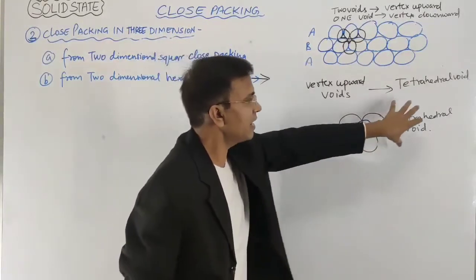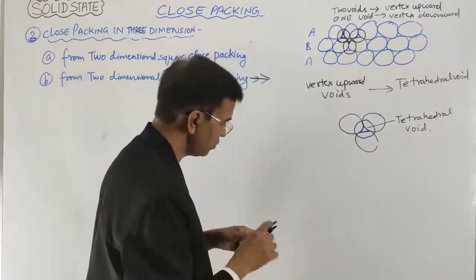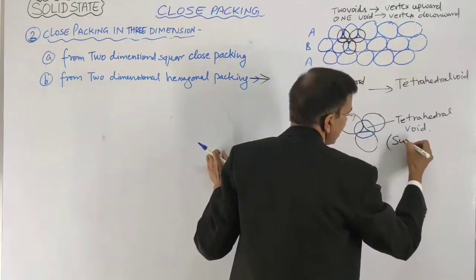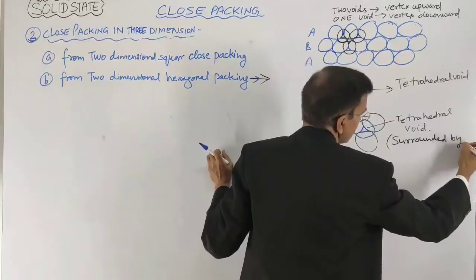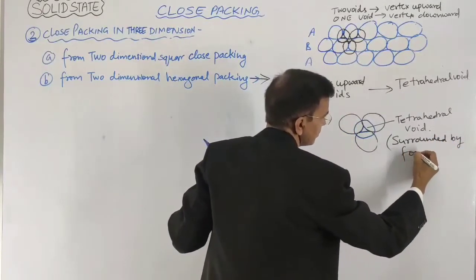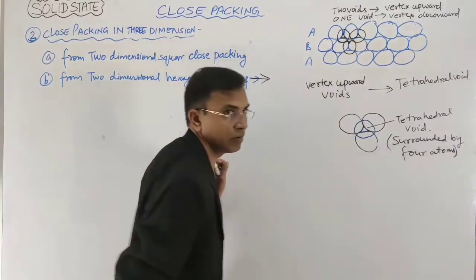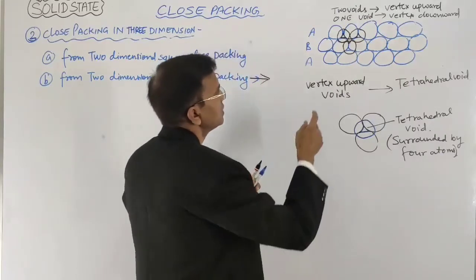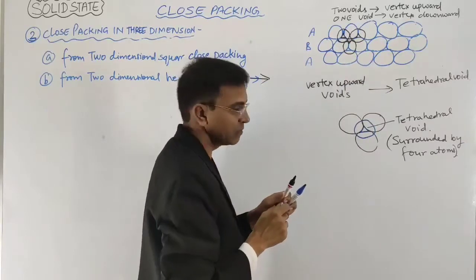To make the tetrahedral void, four atoms are used. So this tetrahedral void is surrounded by four atoms, right?